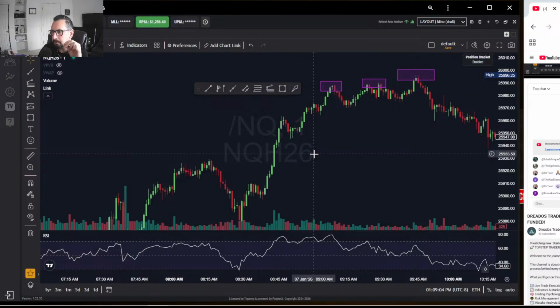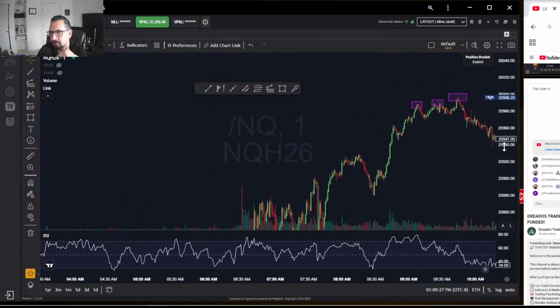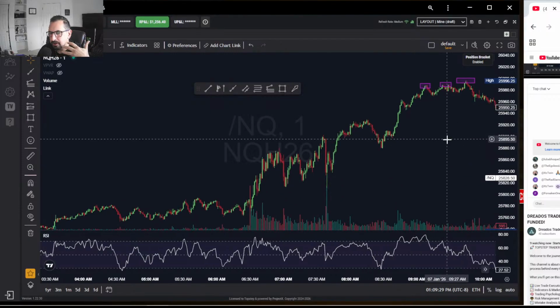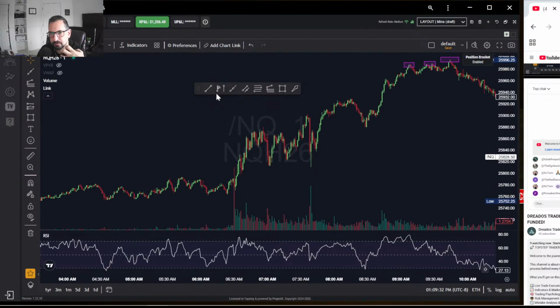Why does the market pull back to Fibonacci levels? That's a good question. I don't have an answer. I just know that, and we went over this on one of our streams a little bit ago, where we actually looked into Fibonacci specifically, and it is a numeric sequence that is present in all things in reality, whether it's biology, art, whatever it is, and the market just likes to move.